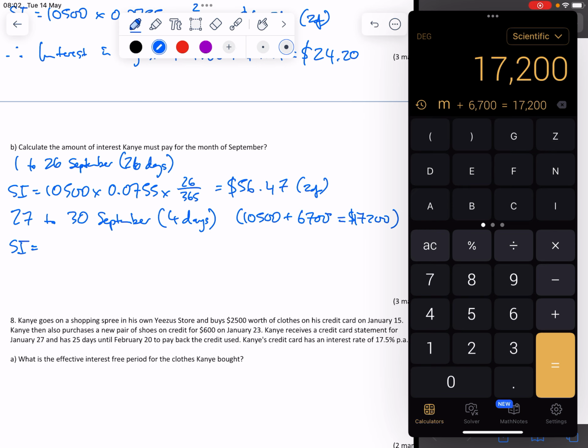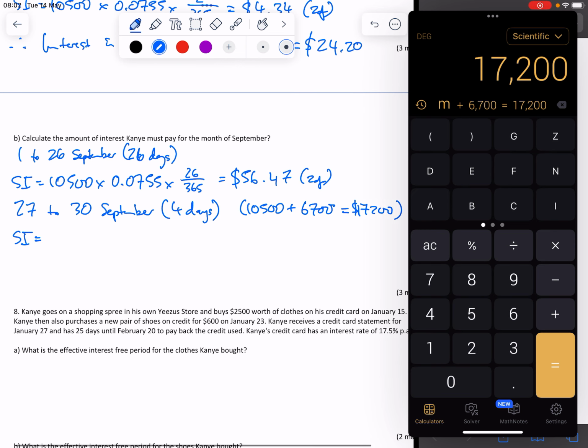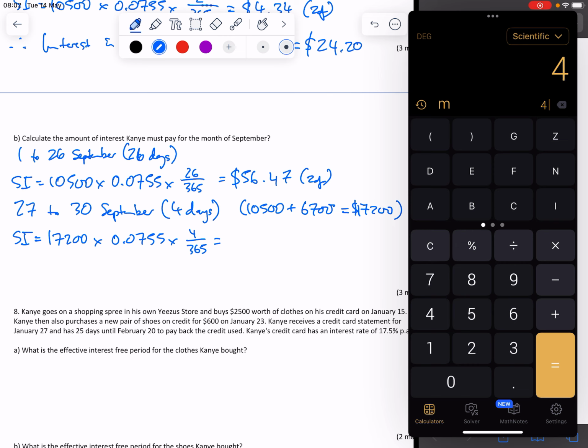So 17,200 times the rate as a decimal times 4 out of 365. 4 divided by 365 times 0.0755 is a number, times 17,200 is $14.23 to 2 decimal points.